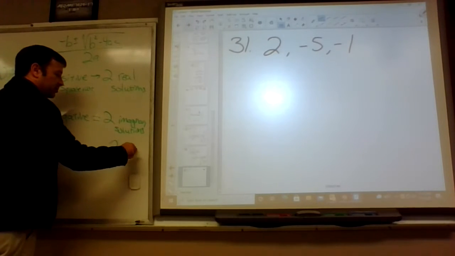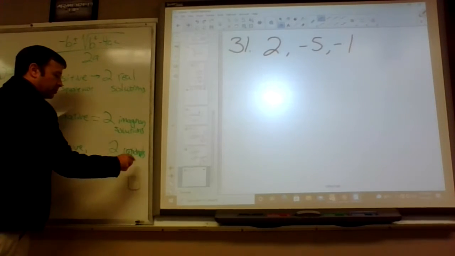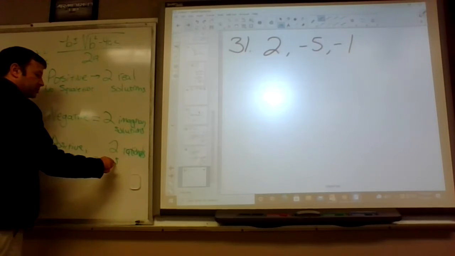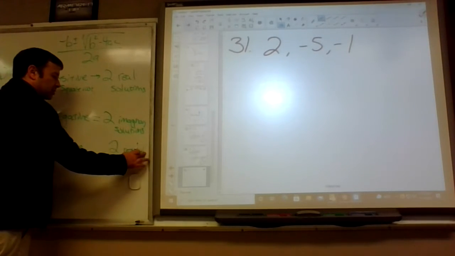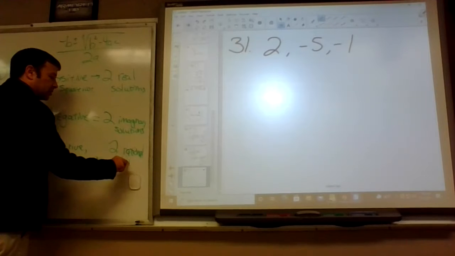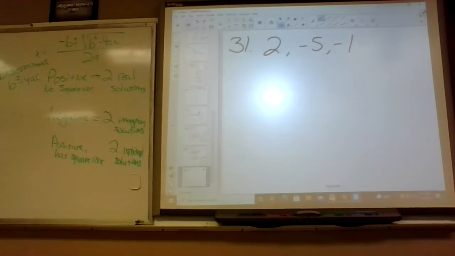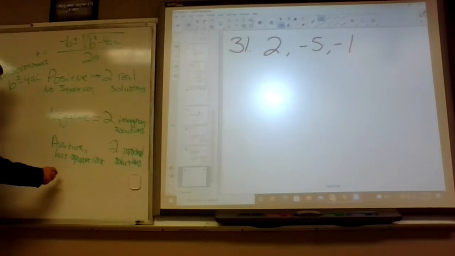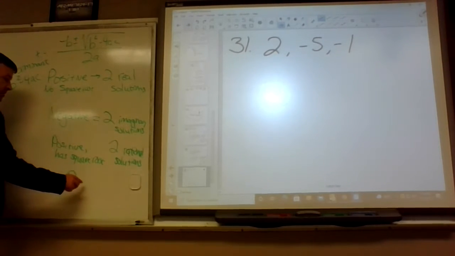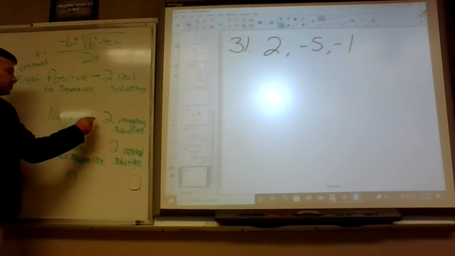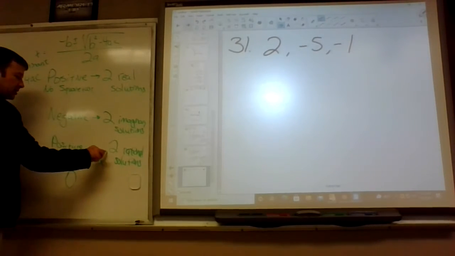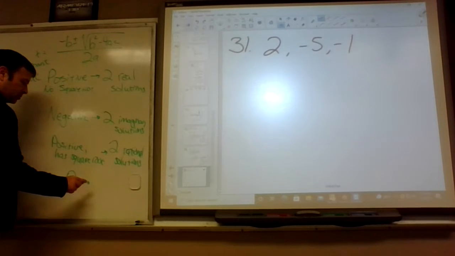Rational means anything that can be written as a fraction, but it also includes whole numbers and integers. All those are rationals. What if it comes out as 0? What's going to happen? Yeah, it has one answer. One rational answer.